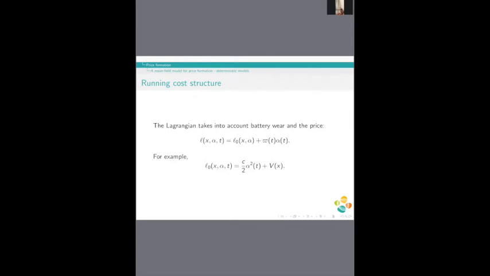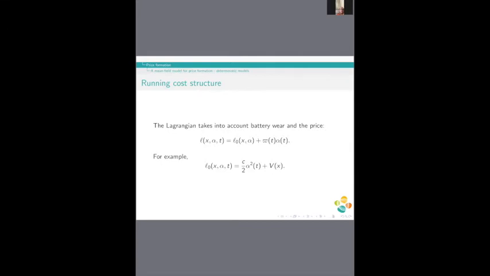So if you trade at the rate alpha, you pay price times alpha, right? This is what price means. And then you have other things that may be costs that you incur. For example, if you're talking about the battery, you have battery wear and tear. So if you choose a very large current, you pay a price.